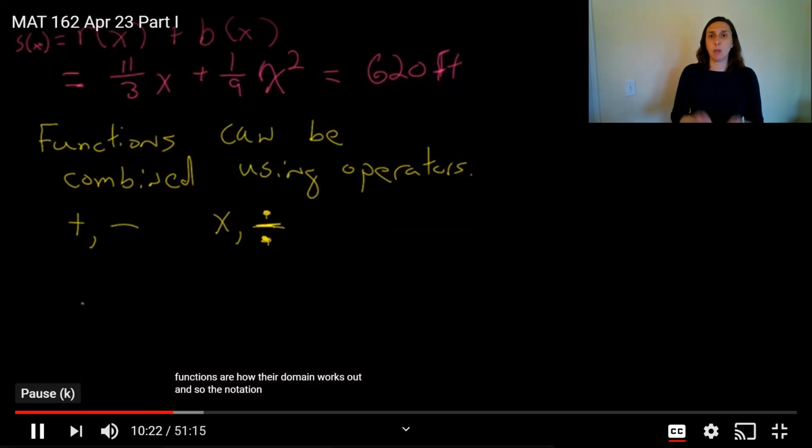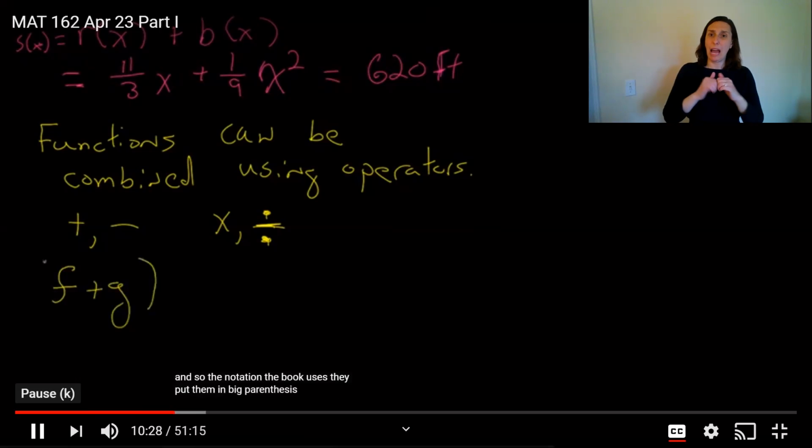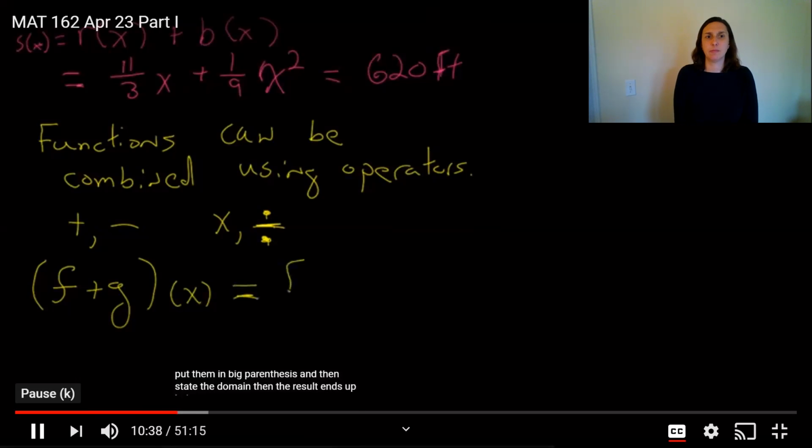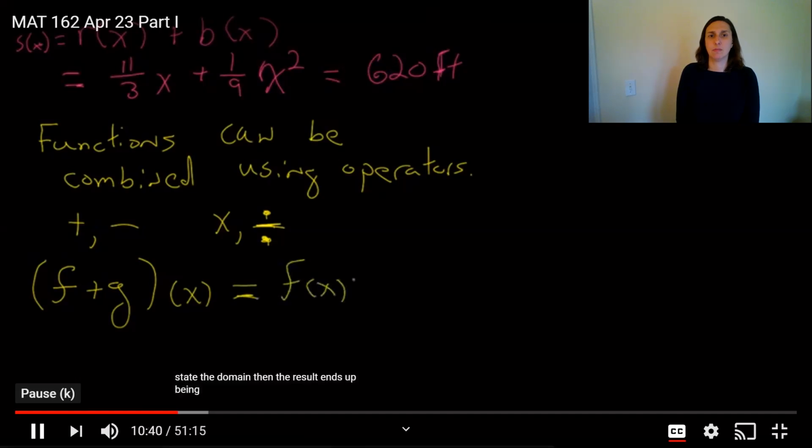And so the notation the book uses, they put them in big parentheses and then state the domain. Then the result ends up being the addition of the functions in this case.